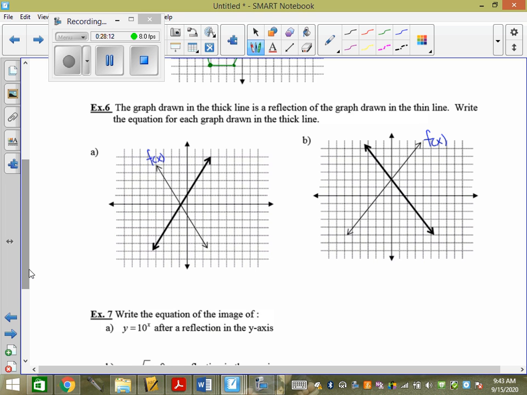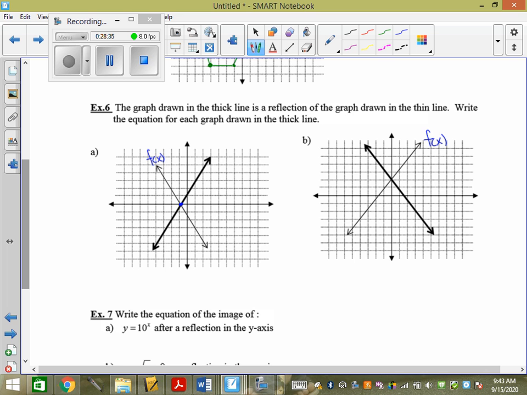Yeah. Invariant points, exactly. Where is it invariant? On the x-axis. So what's actually negative? Y, right? Reflections are always about the opposite axis of what it actually affects, right? So to affect the y, it's going to be about the x. To affect the x, it's going to be about the y.